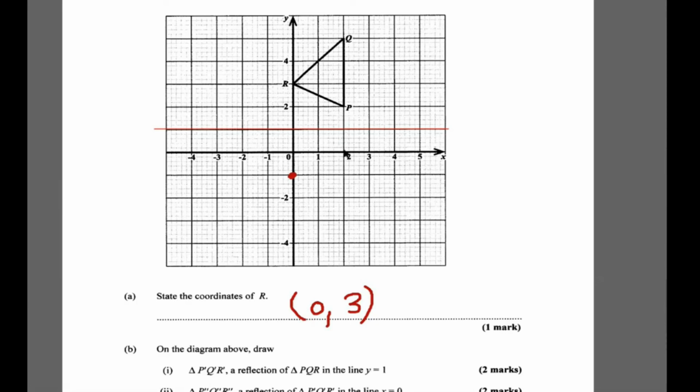This is now P prime. Now this is 1, 2, 3, 4 centimeters away from the mirror line, so 4 centimeters away on the other side. And so this will be R prime, this will be P prime, and this will be Q prime.